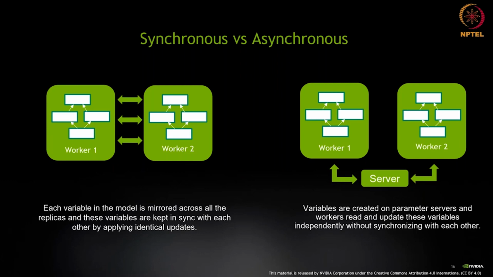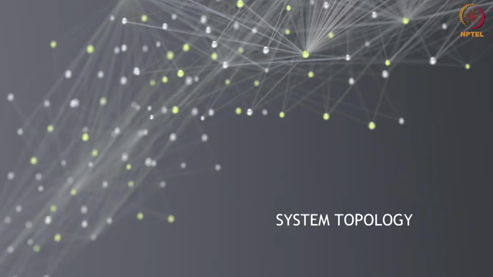Are you going to do activation communication? Whatever approach you follow, it is going to depend on the machine and how GPUs are connected to each other and how the machines are connected to each other, because finally the communication is going to define if you can scale it or not. So what matters in this case is the system topology. In the networking world, or in the computer architecture world, this is called system topology.